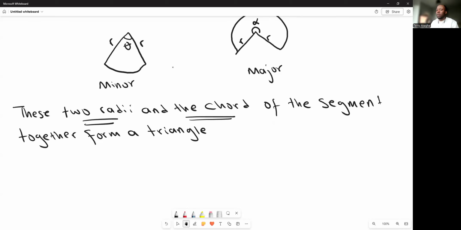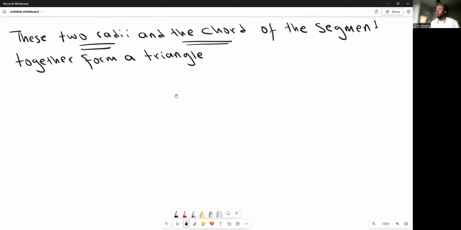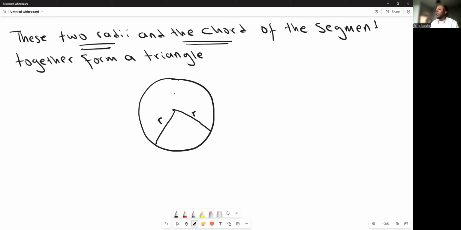Okay, so if we go back to this, we've established that if you have a circle, then this is the radius, so we have R and R. Now, if we have a chord, remember I talked about a chord? Now you can see at the middle here you have a triangle.